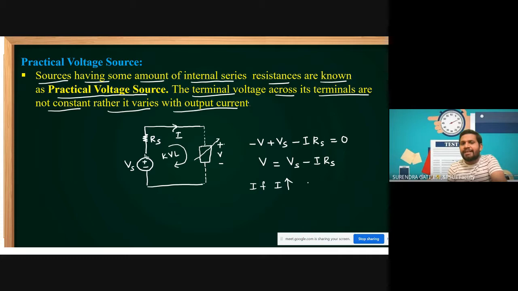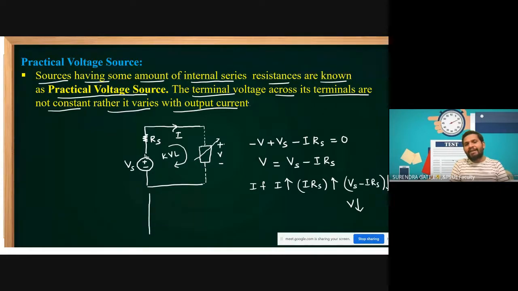If I increases, I into Rs increases, so Vs minus I into Rs decreases, and V decreases. That means the load voltage depends on the current flowing in the circuit. Then it is treated as a practical voltage source.